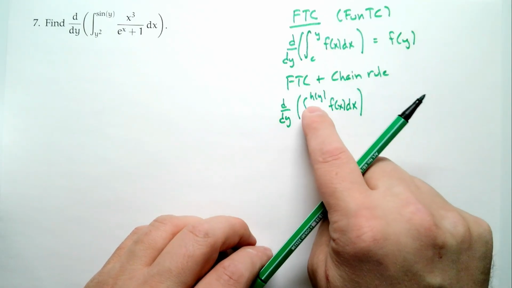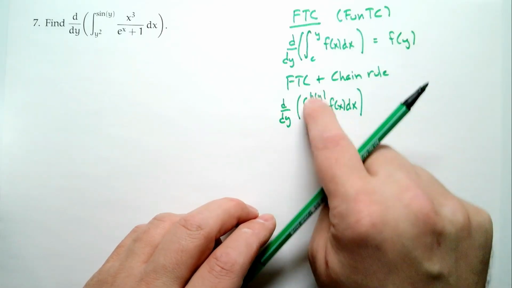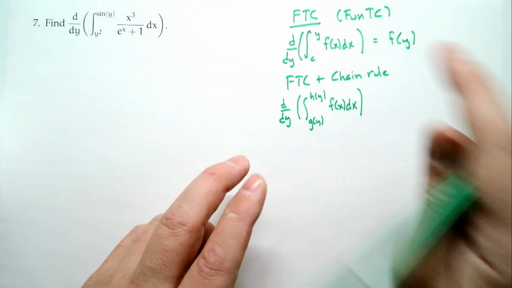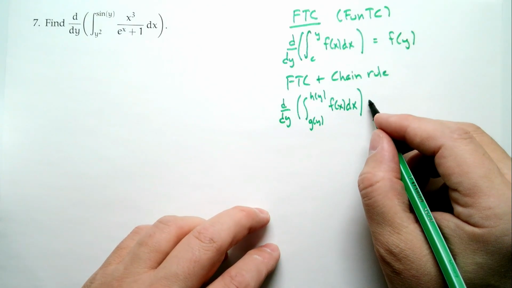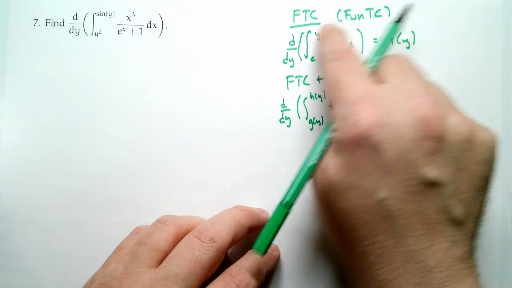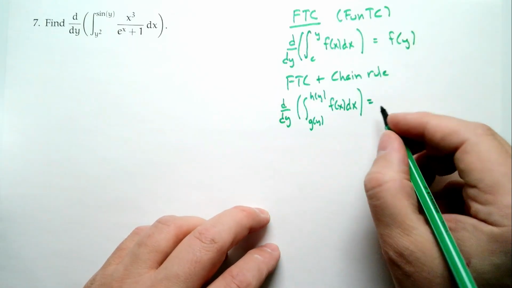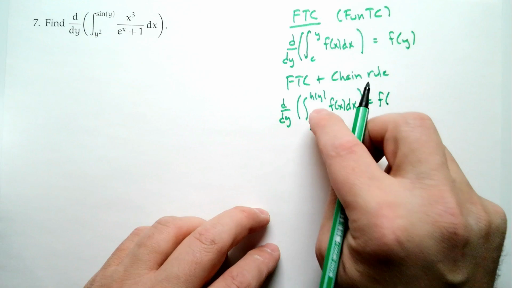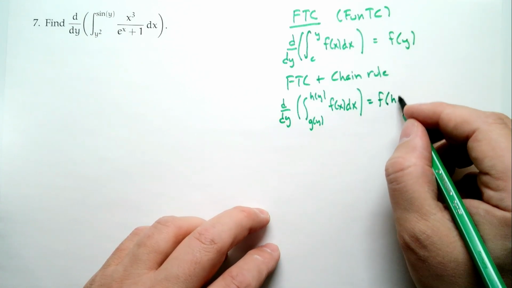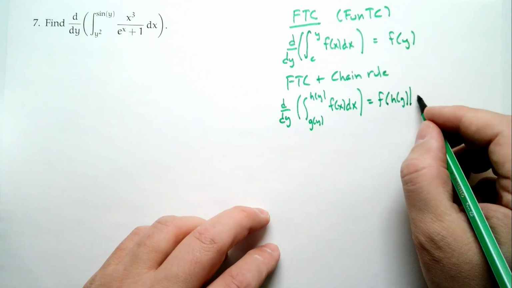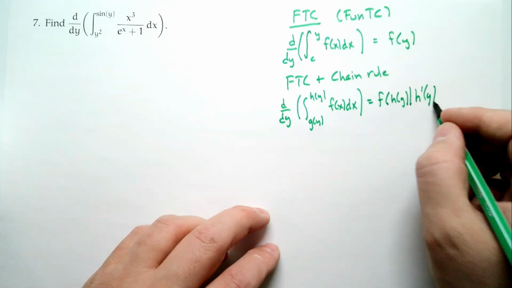So the chain rule says, take the derivative of the outside part, so that's f, but plug the inside in, which is h of y, times the derivative of the inside, which is h prime of y.